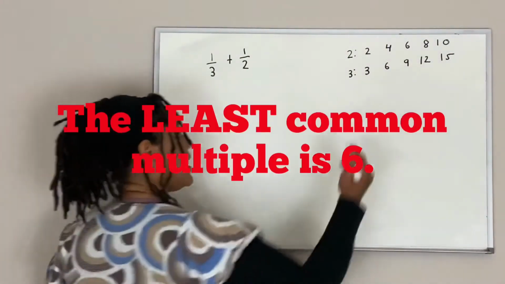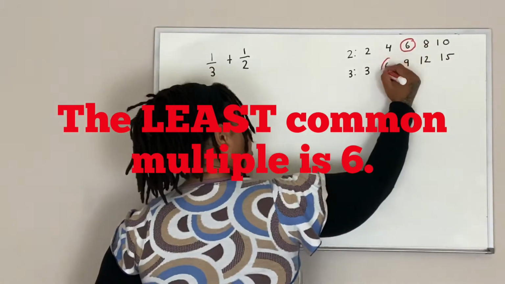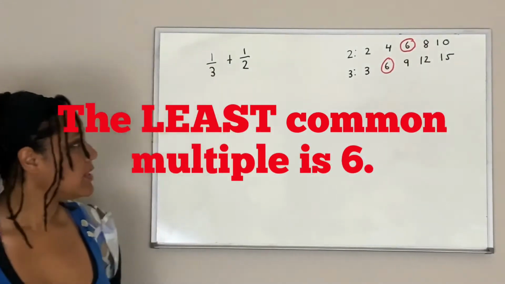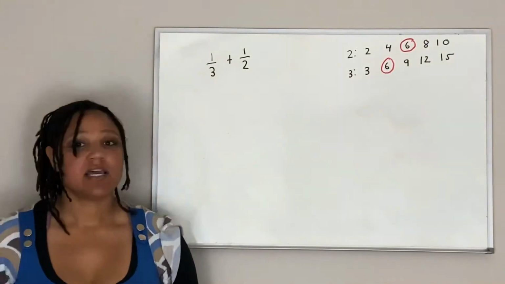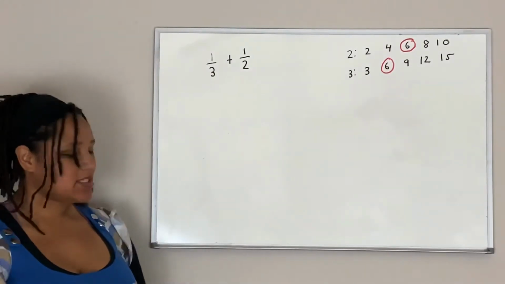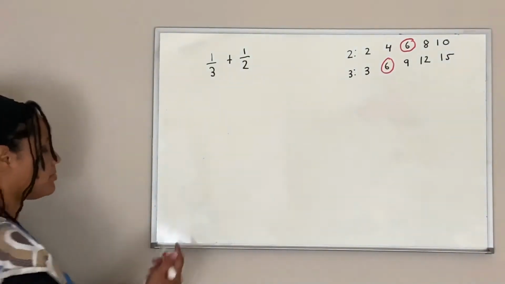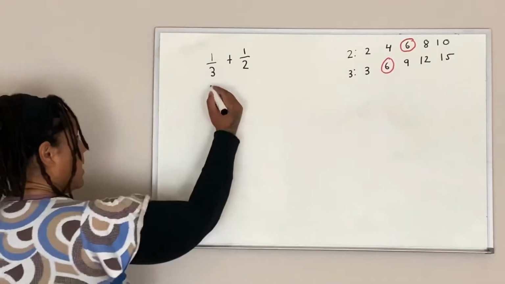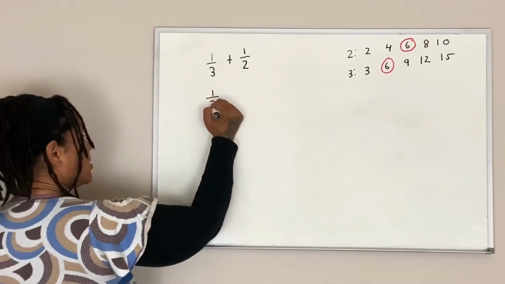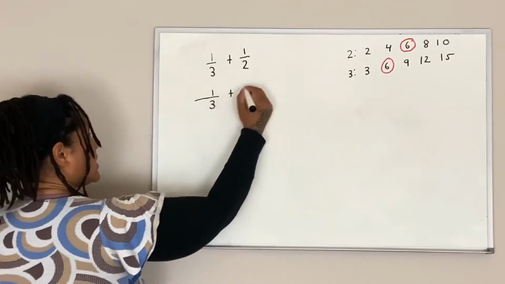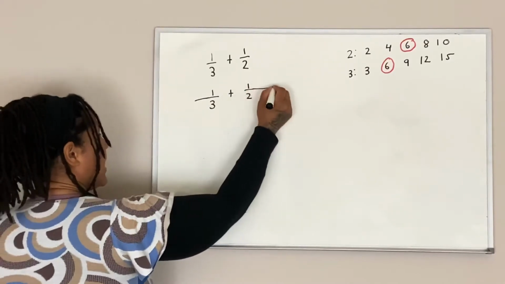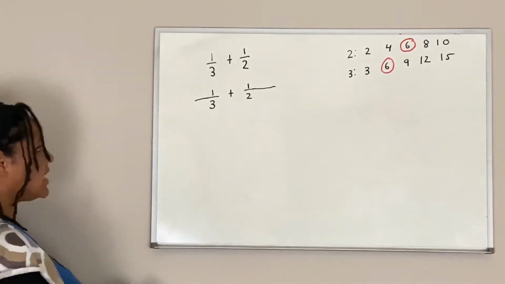The multiple that we have in common is the number 6. So I want to ask myself, what can I multiply the top and the bottom by with each fraction to give me a common denominator of 6?